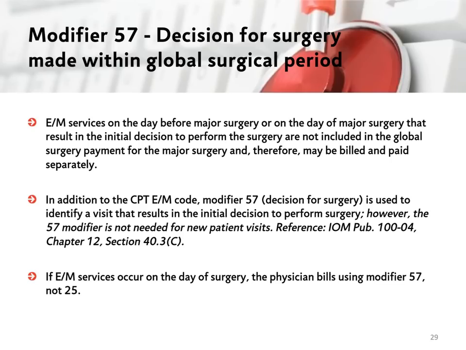Therefore, these procedures are paid separately. In addition, the CPT E&M code would need to have modifier 57 appended in order to identify that this visit is a result of the initial decision to perform surgery. If the E&M service occurs on the day of the surgery, then the physician will bill using modifier 57 and not modifier 25.